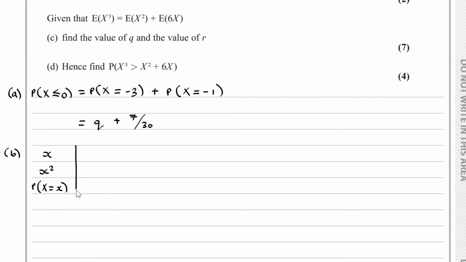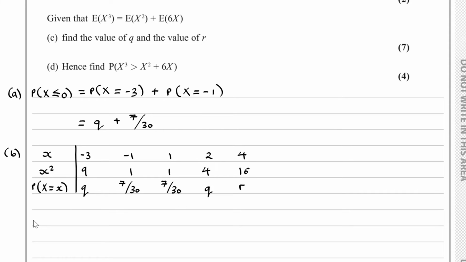Okay, so we've got minus 3, minus 1, 1, 2, and 4. So here x squared, that would be 9, 1, 1, 4, and 16. And these probabilities haven't changed. We have q, 7 over 30, 7 over 30, q, and r.